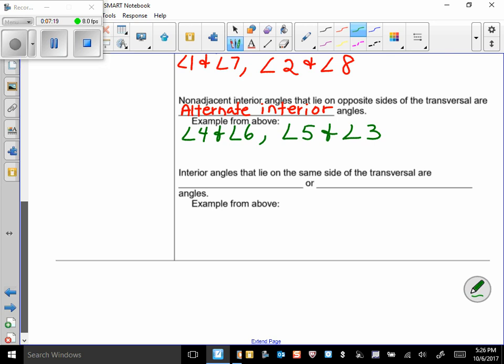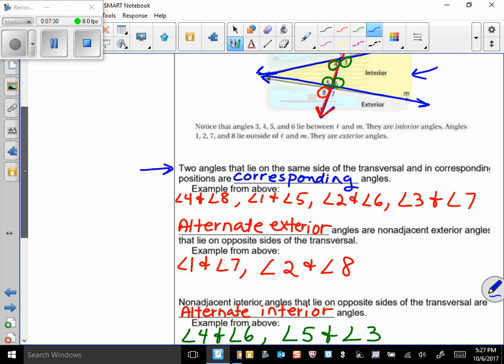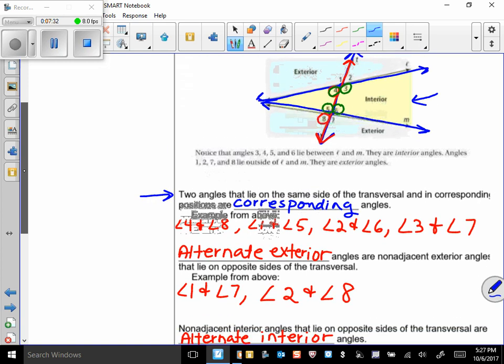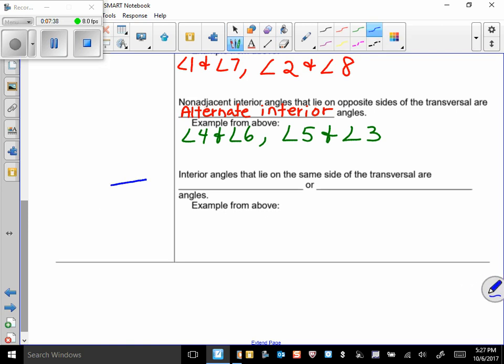Interior angles that lie on the same side of the transversal. So since my picture keeps going out, let me move it down. Okay, a little bit different. Draw myself another picture so I don't have to keep going up and down.